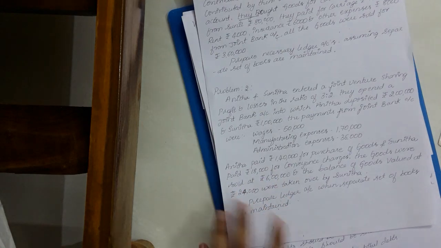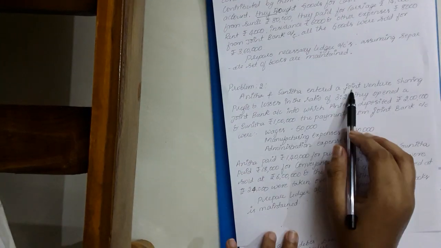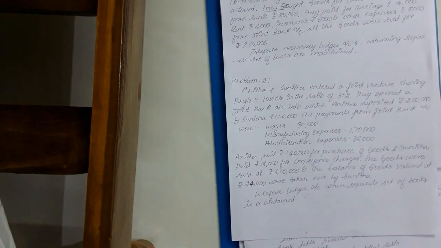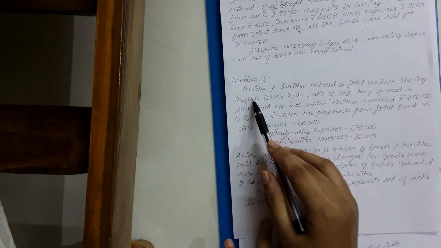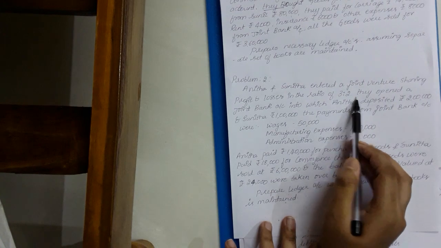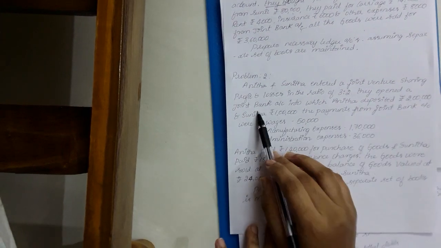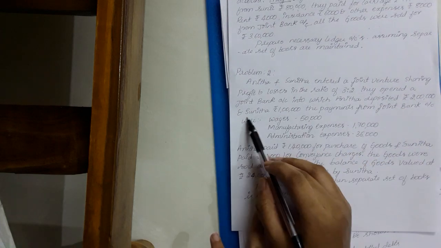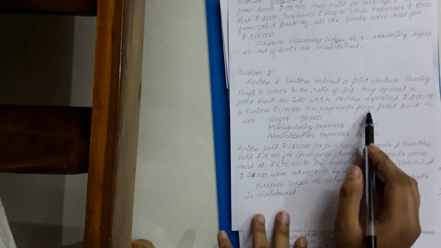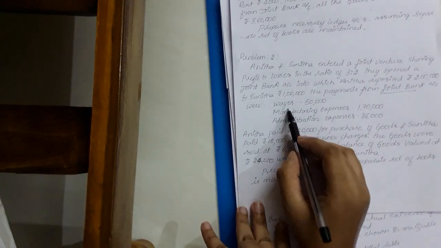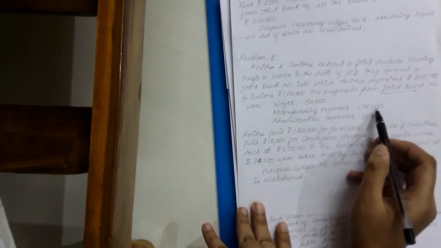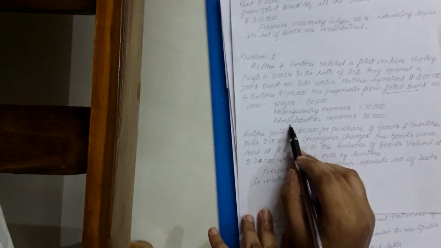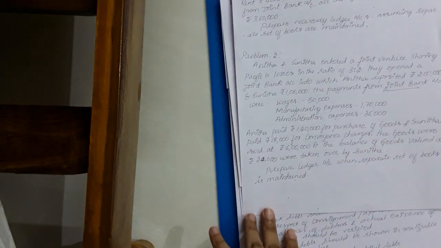Here is the question. Anita and Sunita entered into a joint venture, sharing profit and loss in the ratio of 3:2. They opened a joint bank account into which Anita deposited 2 lakhs and Sunita 1 lakh. The payments from the joint bank account: wages 50,000, manufacturing expenses 1,70,000, administration expenses 36,000.